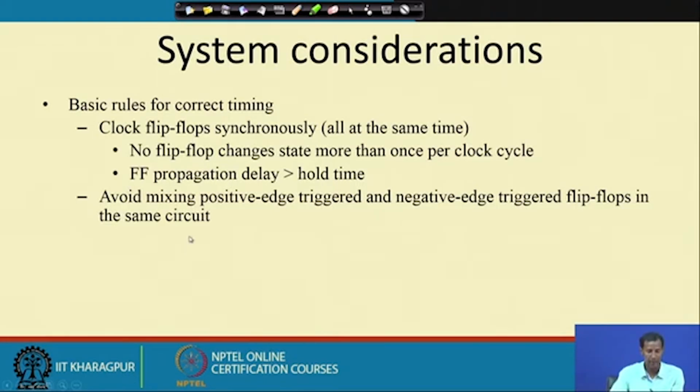Apart from that, in the same design you should try to avoid mixing positive edge triggered and negative edge triggered flip flops. Suppose you have a single clock, but sometimes you use a positive edge triggered flip flop and sometimes a negative edge triggered flip flop.